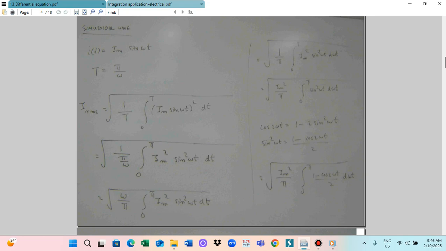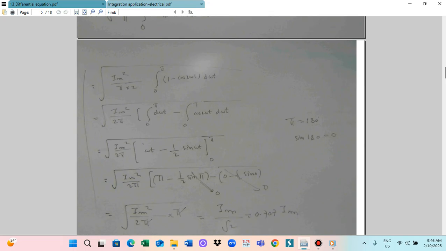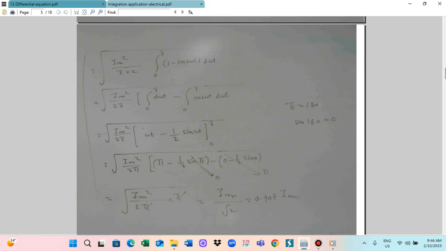This is evaluated from 0 to pi. Then you have to substitute the pi and the 0. So this becomes the square root of Im squared by 2 pi, pi minus half sin 2 pi, and minus, substituting 0, 0 minus half sin 0.